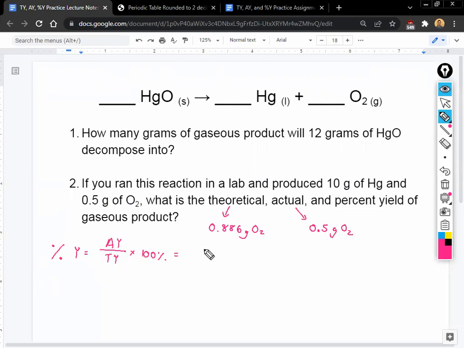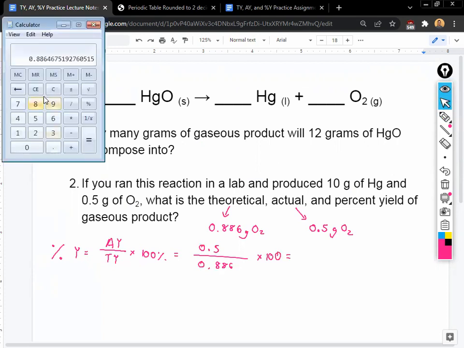So our AY is 0.5, so we're going to put 0.5 on the top, divided by 0.886 times 100, and that is going to give you your percent Y. So let's punch that into the calculator. We're going to do 0.5 divided by 0.886 times 100%, and that's going to give us a total of 56.433%. And this is going to be our percent Y.